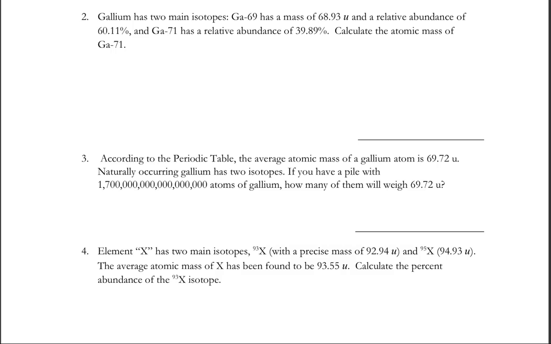How many of them will weigh 69.72? This problem is only a conceptual problem. It involves no math. You just have to think about what is weighted average, what is atomic mass. In this case, it's 69.72 versus the masses of each individual isotope. It's kind of tricky, but ponder it, think about it so that you can get the answer.